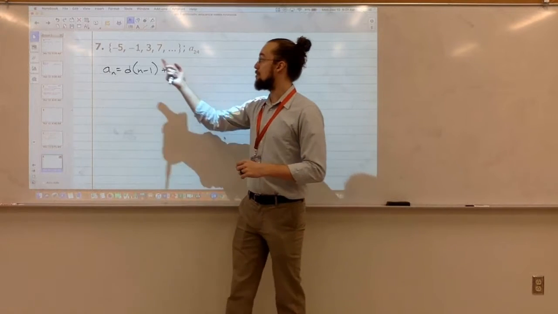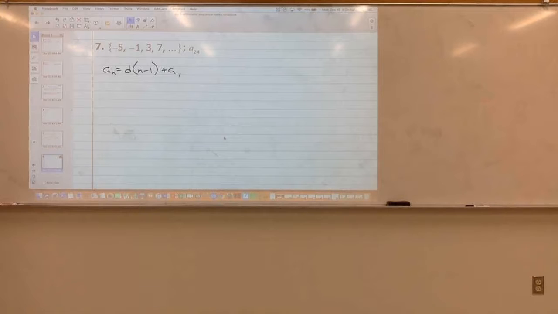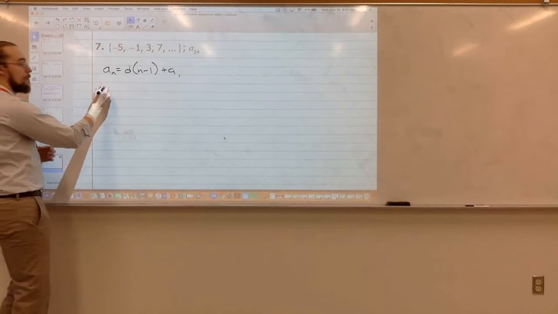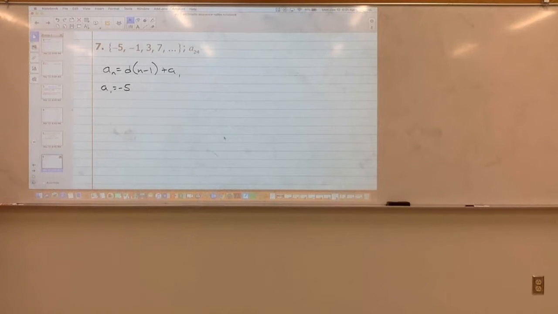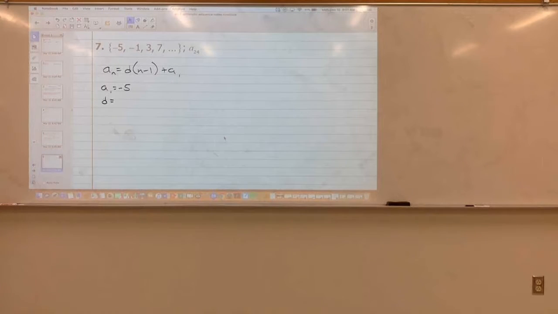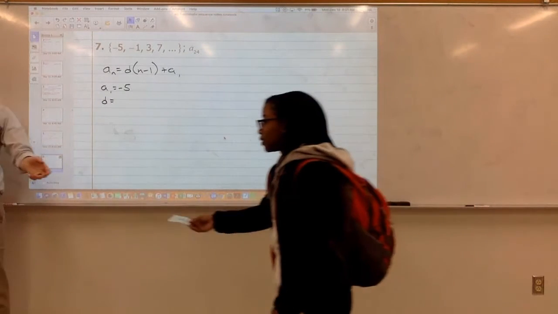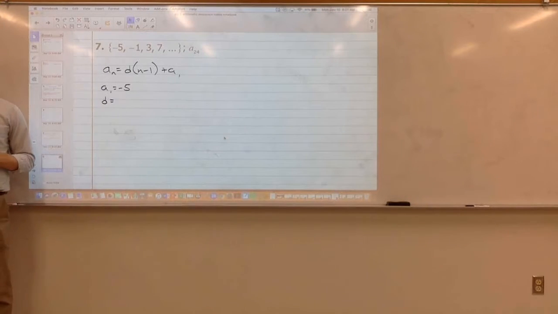Okay? Well, what is the first term in this sequence? -5, right? So my a sub 1 is -5. Now, I can also get my common difference. What is my common difference in this sequence? Adding 4, right?